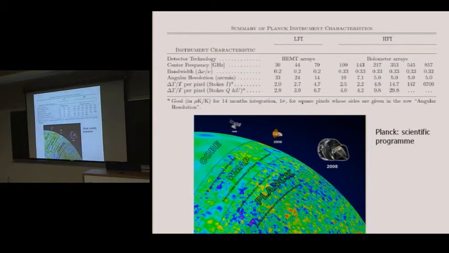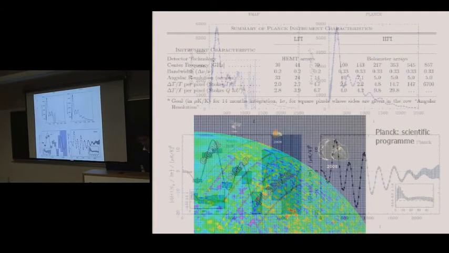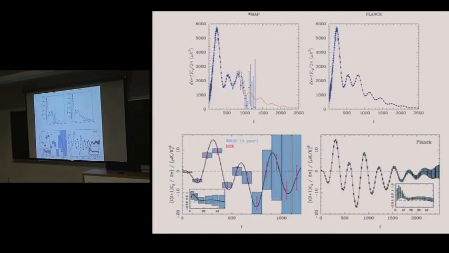We see that Planck has 3 low frequency channels, and, more important for cosmology, 6 high frequency channels. And it does improve the resolution much better than WMAP and the previous ones, and also improves the measurements of both the temperature and the polarization.